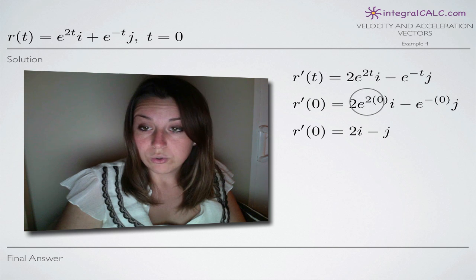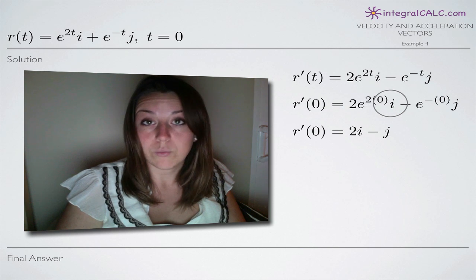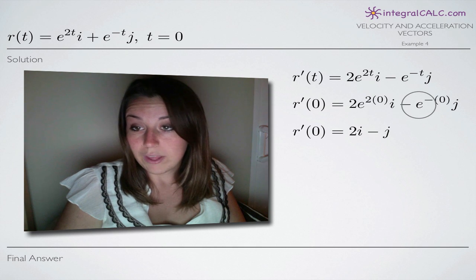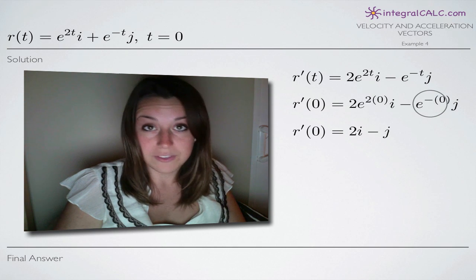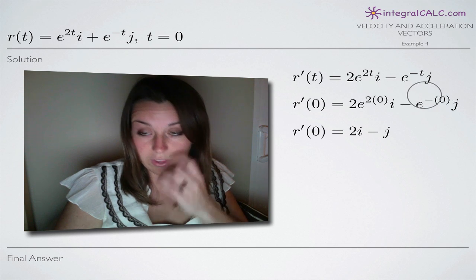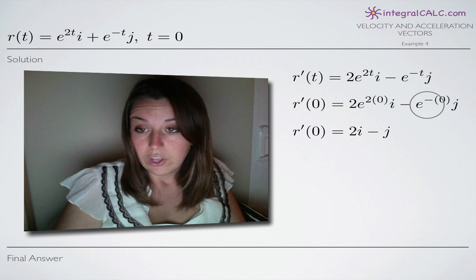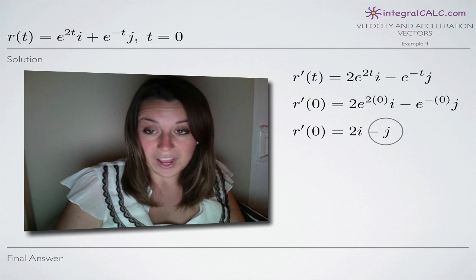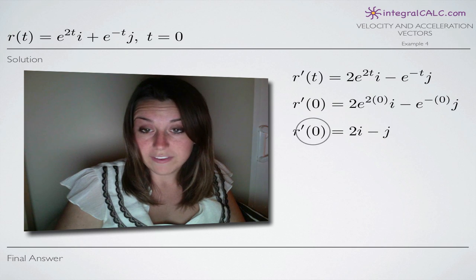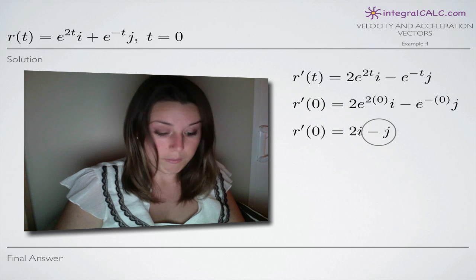So we'll have 2 times 1 times i, which will simplify to 2i. And here as well, we'll end up with e to the 0. Anything raised to the 0 power is 1. So this whole first part here is just going to simplify to 1. So we'll end up with a minus j. And that's as far as we have to go. This represents our velocity vector. So the first half of our problem is done.